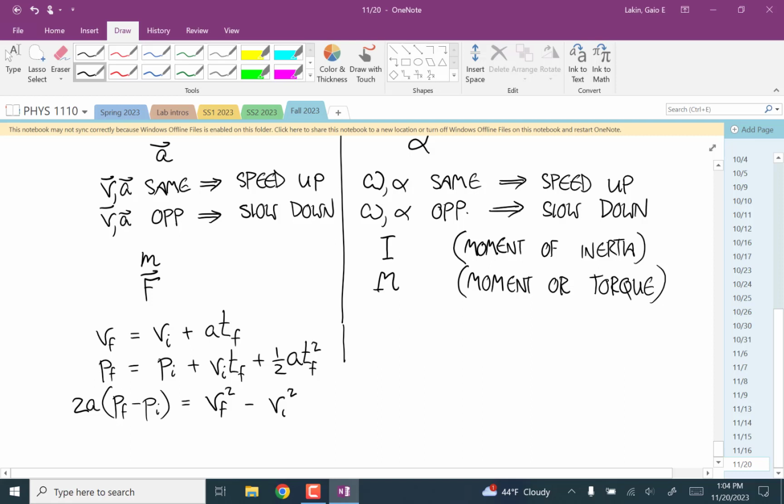Well, these equations also hold with angular quantities in their place if you think about the position as the actual angle of the thing, the orientation. So these also hold: omega final is equal to omega initial plus alpha t final.